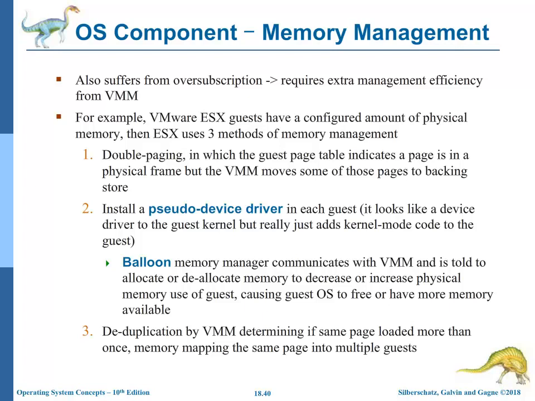The first approach is to provide double paging. The VMM has its own paging replacement algorithms and loads pages into a backing store that the guests believe is physical memory. This is not a preferred approach. The VMM uses it when other options are not available.